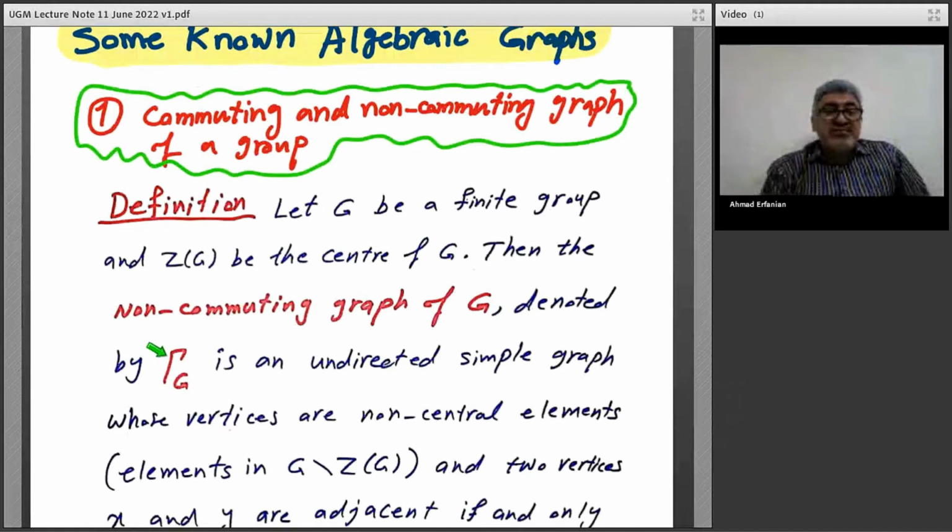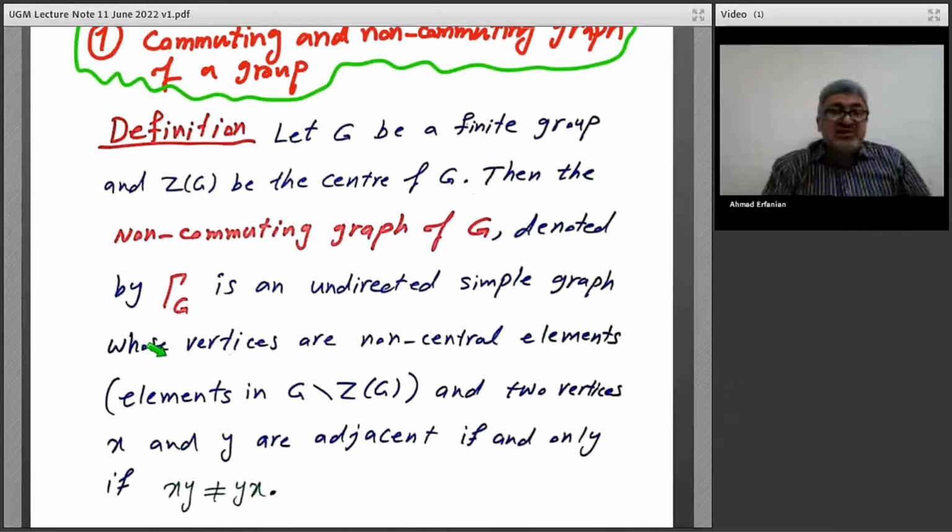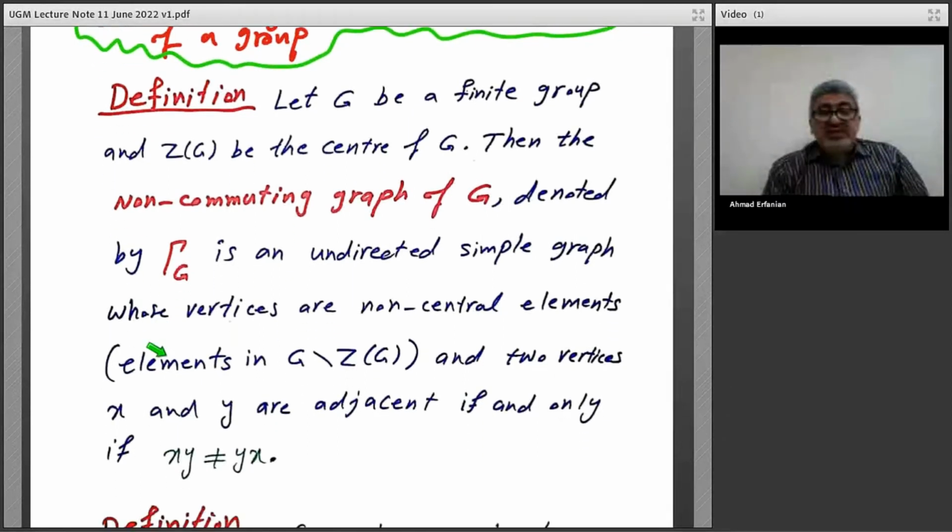So the non-commuting graph of a given group G, which we may denote by gamma G, is an undirected simple graph, so there is no direction, and also it's a simple graph. Simple graph means that we don't have any loop, right? And the vertex set of the non-commuting graph consists of all non-central elements. Non-central elements means the set G minus the center.